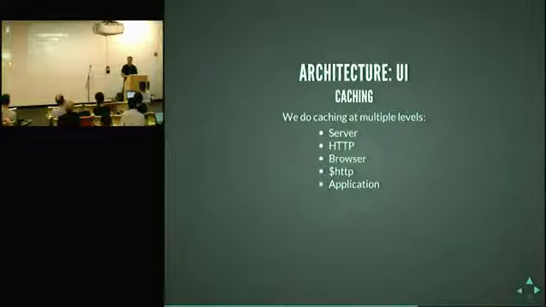As well, we make very conscientious use of HTTP caching. Every time we send a static file, we set an expiry on it. Depending on which environment you're in, we have a dev, QA, and prod environment, we can set that anywhere between 0 and 24 hours. There's also browser caching.